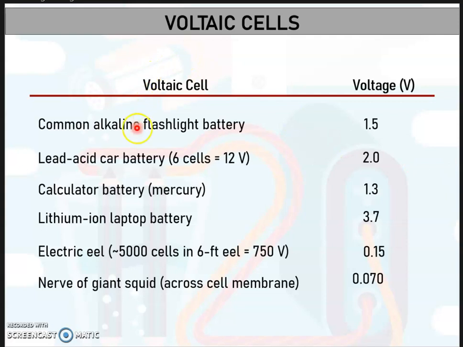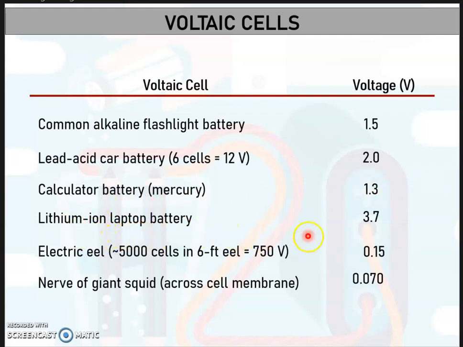Okay, this is a table showing voltaic cells with the voltage for some common batteries. A common alkaline flashlight battery will give a voltage of 1.5. A lead acid car battery, 6 cells, which is equal to 12 volts, so we get 2.0 per cell. Calculator battery, mercury battery, 1.3 volts.